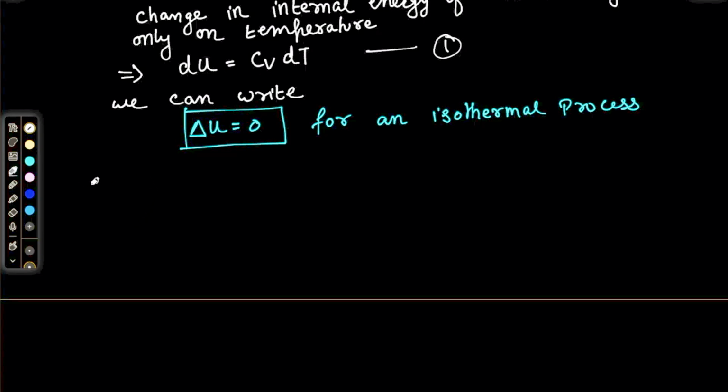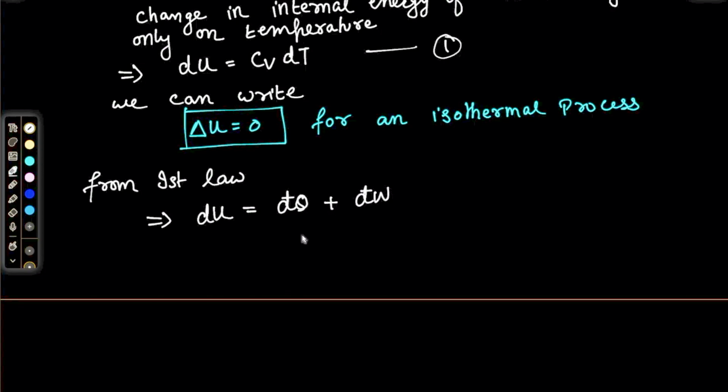Now, we know from the first law of thermodynamics that the change in internal energy of a system is equal to heat supplied to the system plus work done on the system. For an isothermal process, the left hand side equals 0. So we can write that dq equals minus dw.